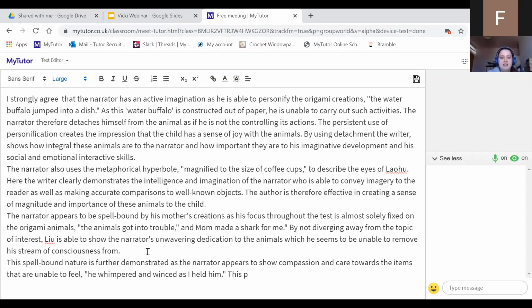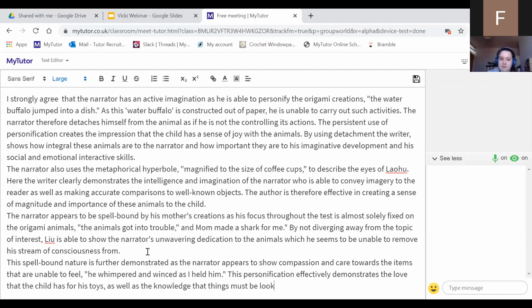This personification, so I'm going back to personification here, but it's just because there was so much. Personification effectively demonstrates the love that a child, it's a specific one, that the child has for his toys, as well as the knowledge that things must be looked after in order to continue play.